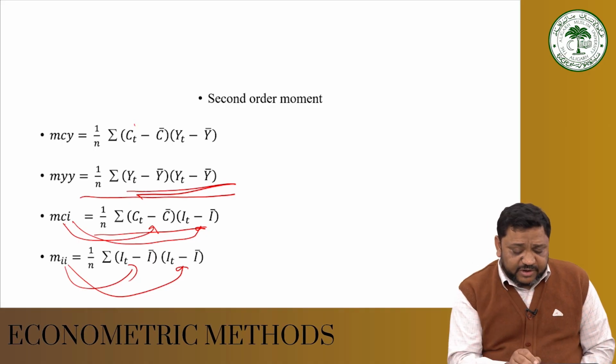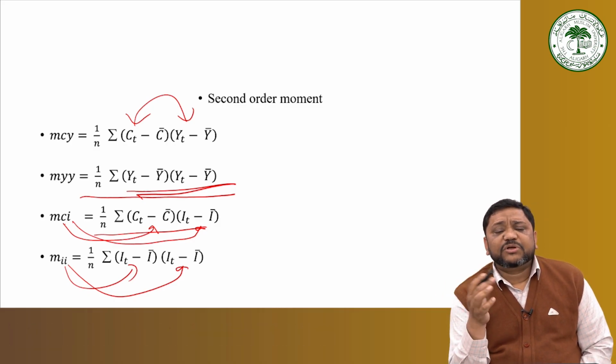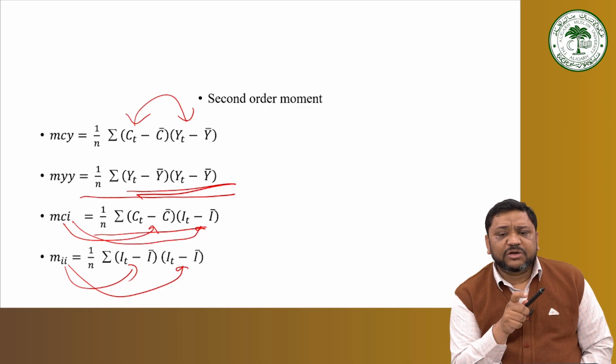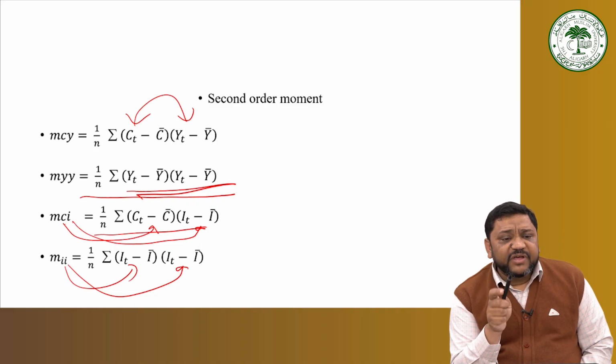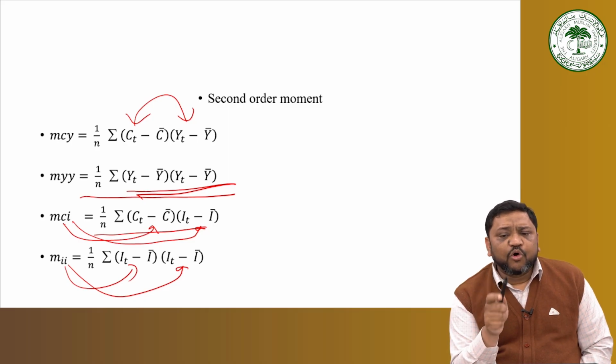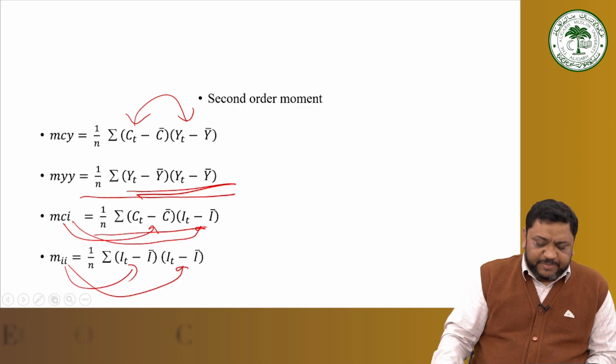And covariance, where we have two terms C and Y, is the second order moment involving two random variables, measuring how much those two variables change together. So this mcy and myy are second order moments representing the covariance and variance of variables ct and yt respectively, and mci and mii are the second order moments representing the covariance and variance of variables ct and it respectively.